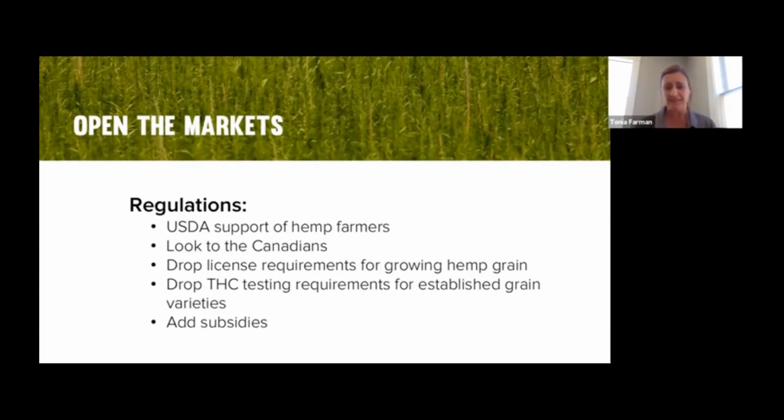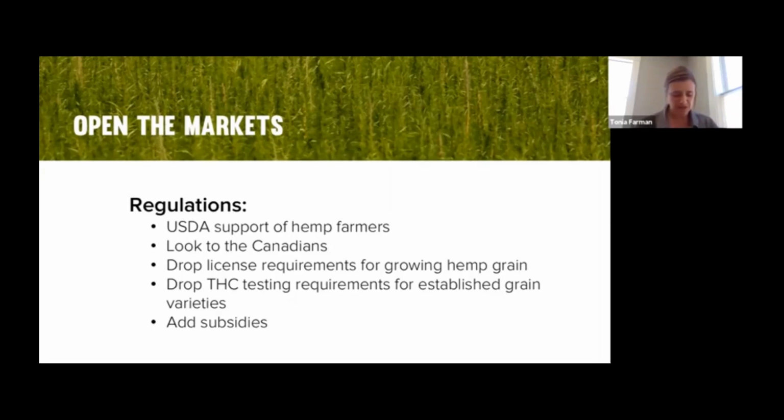The other thing is 80% of the hemp grain grown in the United States is grown along the Canadian border, North Dakota, eastern Montana, Minnesota, which is right where they're growing it in Canada. It's basically the same land and the same kind of soil, so it needs to be treated the same.